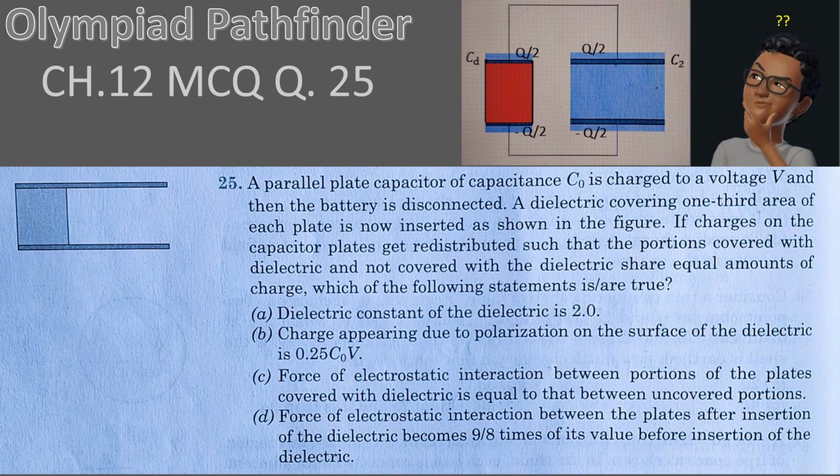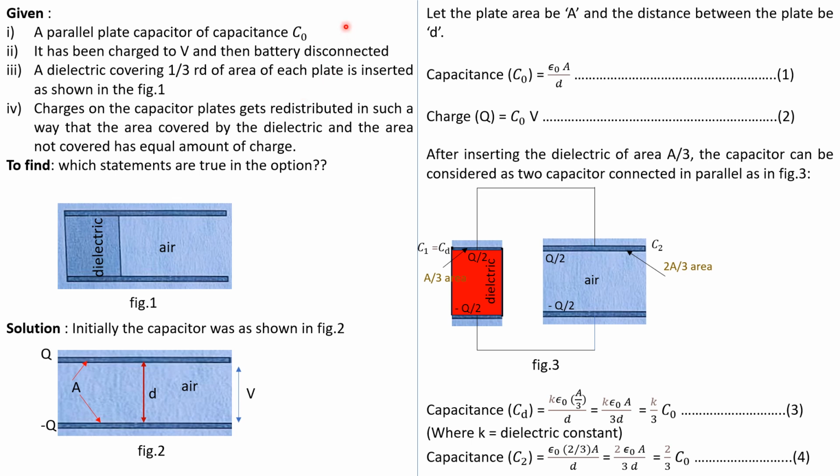Let us solve this. Collected all the data here for convenience. Parallel plate capacitor of capacitance C0. This one. A, we have assumed the area of the plate, and D is the gap between the capacitor plates.